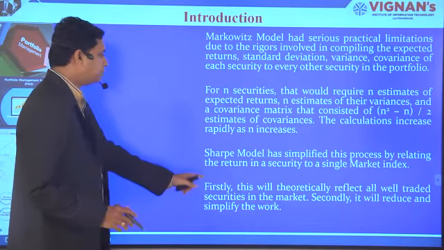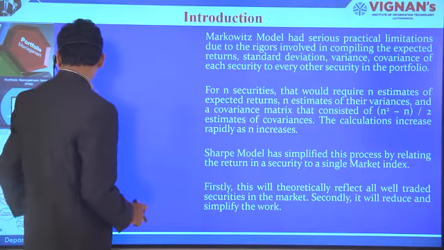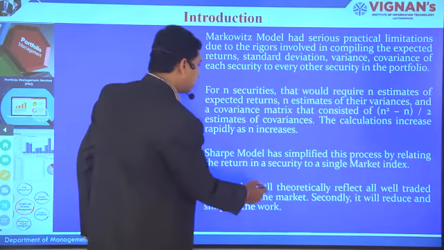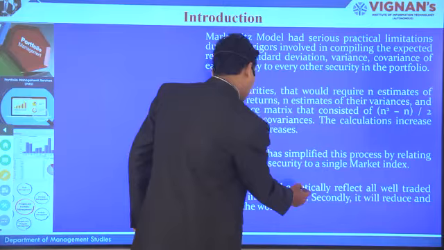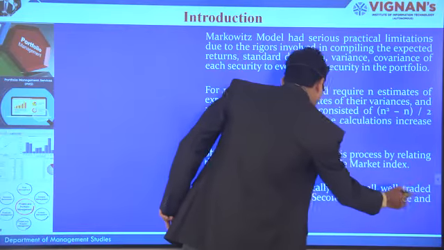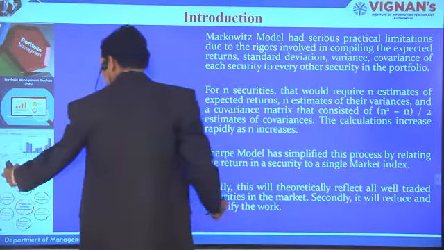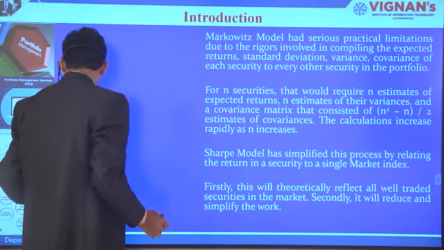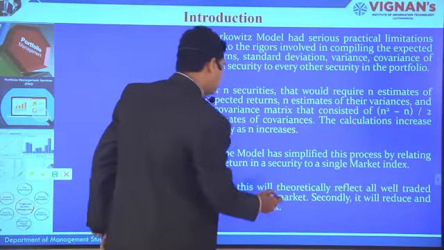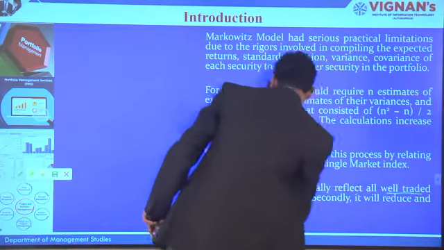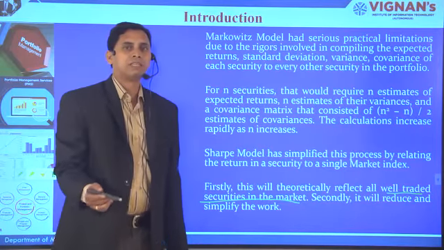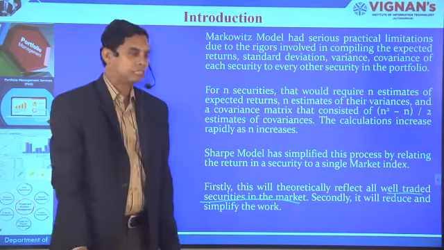Firstly, in this Sharpe single index model we will consider the well traded securities in the market. If you consider the Nifty, the Nifty consists of all well traded securities.